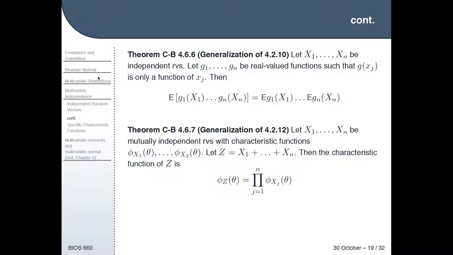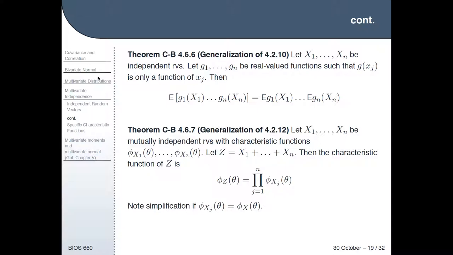And likewise for moment generating functions slash characteristic functions, if x1 up to xn are all independent with corresponding characteristic functions, and that's a typo, that should be up to phi of xn, not up to phi of x2, and you let z be the sum, then the characteristic function of z is just the product of the characteristic functions of the individual variables.